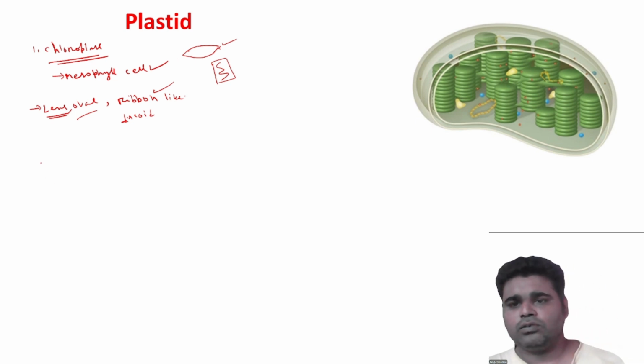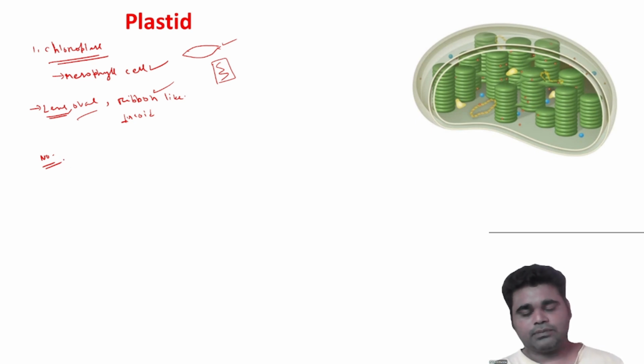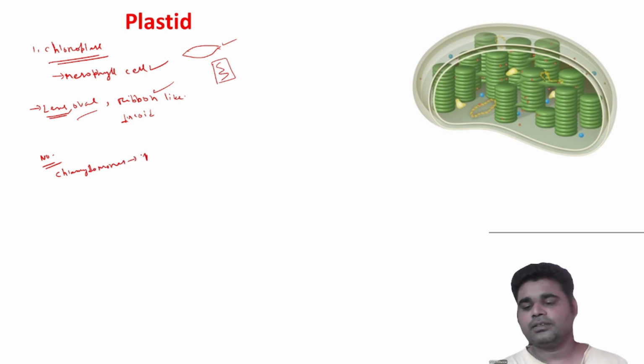If we look at the number, it varies. For example, in the chlamydomonas, the number is 1. But in the green algae, it is 20 to 40 per cell.